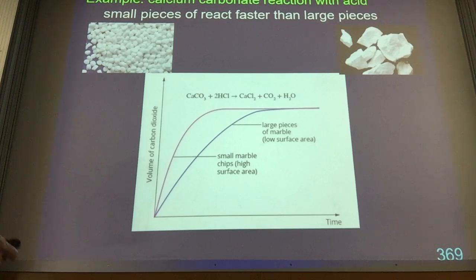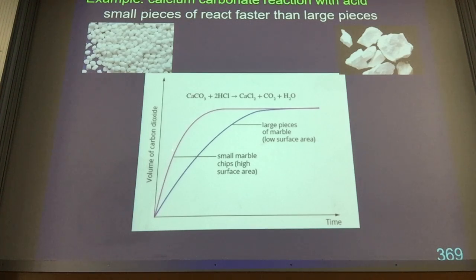Now whenever you get one of these graphs, a graph in physical chemistry, always look, what are the axes measuring? What does that actually tell us? Well, this graph tells us two things. It tells us how fast the reaction is going. So the pink graph, which is the small pieces, is producing carbon dioxide more quickly.